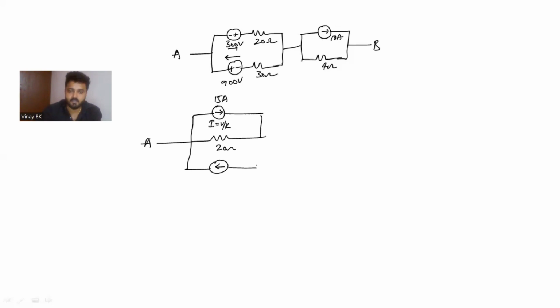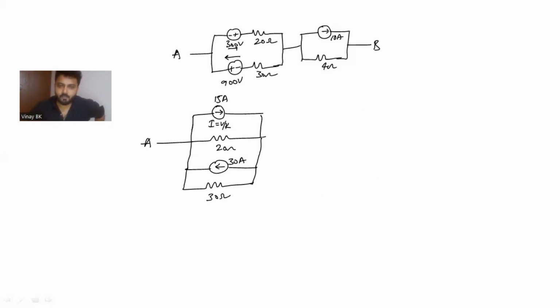Minus indicates tail end, plus indicates arrow end, and the resistor is 30 ohm and the value of current is 30 amperes. Clear? So this is in series with this combination.